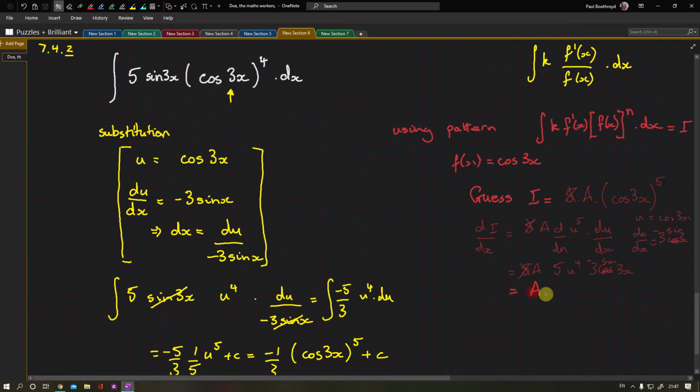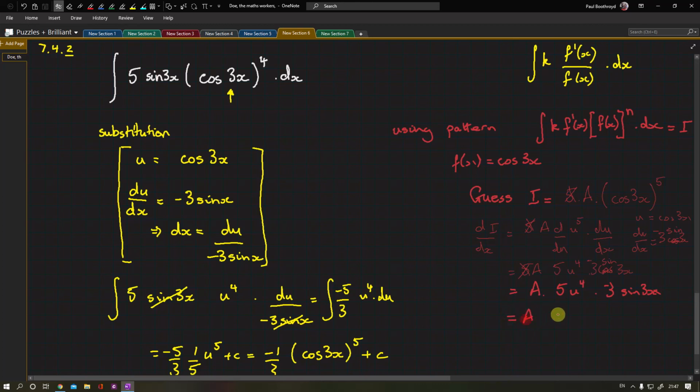So a is the constant we've still got to work out the value of. 5u to the 4 is the differential that comes from differentiating the u to the 5, multiplied by du dx, which is minus 3 sine 3x. So evaluate our values.